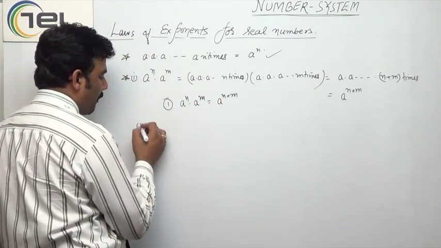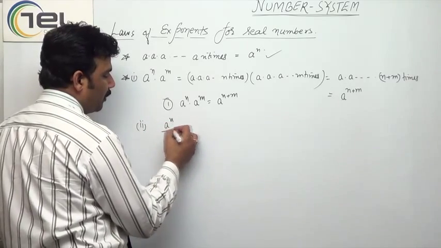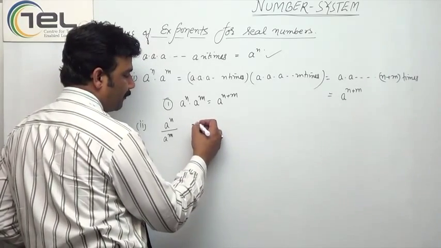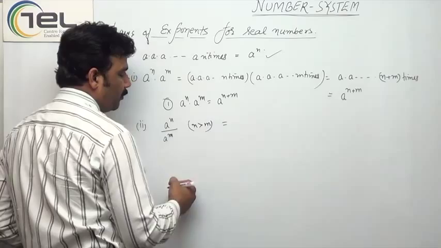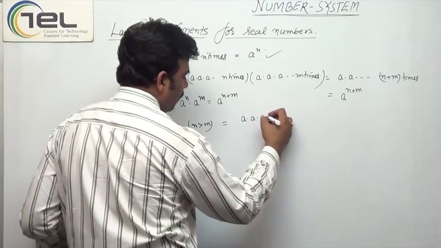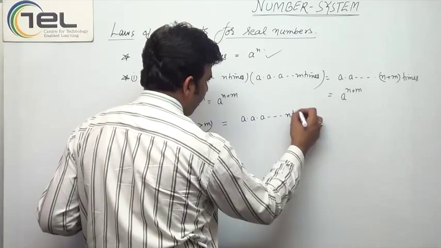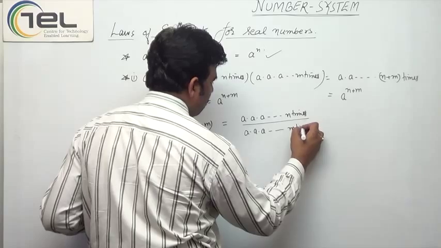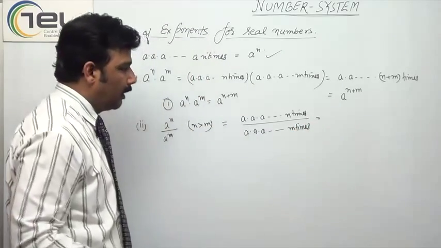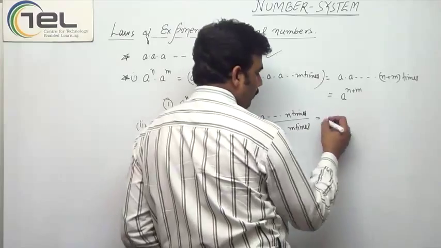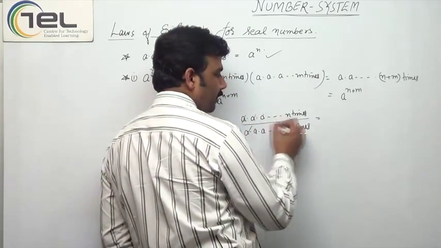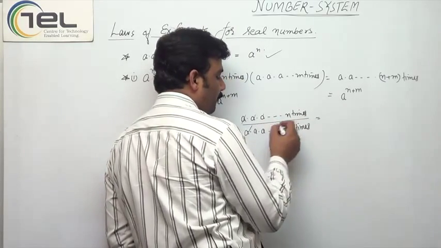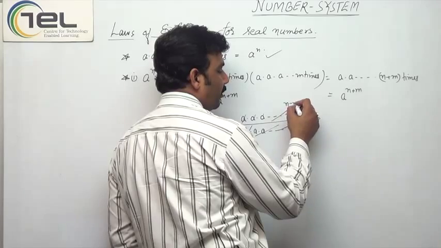The second one: A raised to the power n upon A raised to the power m. I am taking n greater than m. This will be equal to A n times upon A m times, and some of them will be cancelled. How many will be cancelled? m will be cancelled, and left will be n minus m.